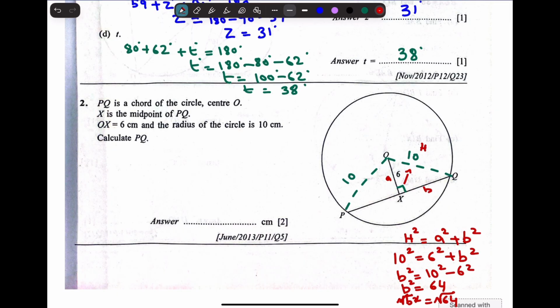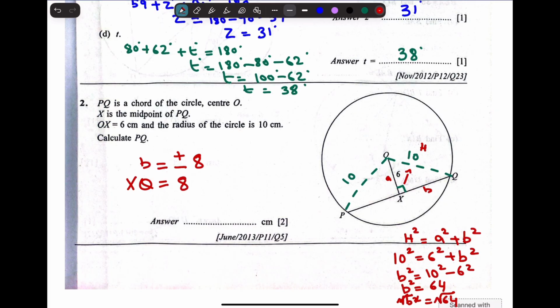This gets cancelled out, and we can write that b is equals to plus minus 8, but because b is the length, we are going to discard the negative value because length cannot be negative. Okay, so b, which is basically XQ, is equals to 8, and we need to find PQ, right?